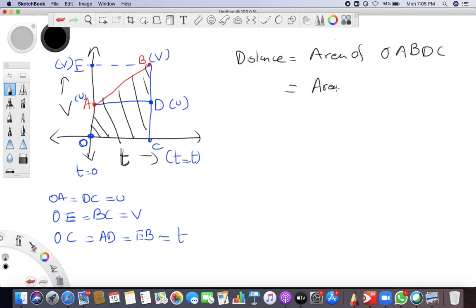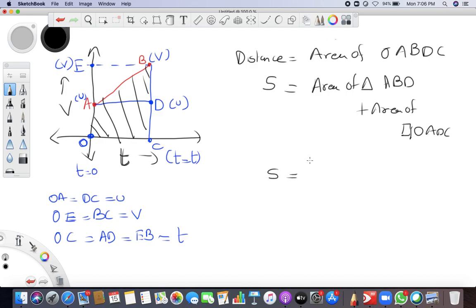So we say area of triangle ABD plus area of rectangle ADCO, or OADC. It doesn't matter, you can name it either way around. Right? Guys, are you getting what I'm trying to say? So it is OADC. And distance is represented by the letter S.